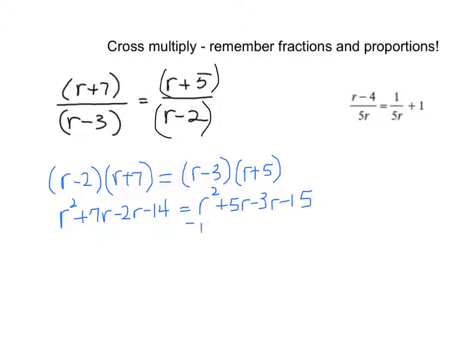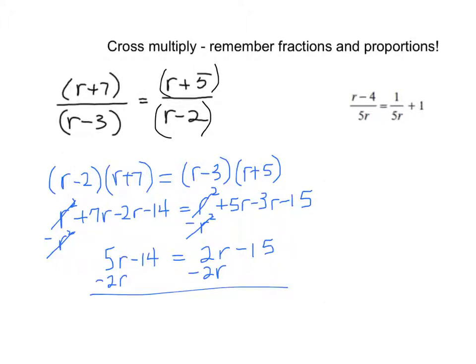You'll notice here that if you subtract r squared from both sides, the r squareds go away, and I'm left with 5r minus 14 on this side and 2r minus 15 on this side. Subtract, and I have 3r, then add the 14, equals negative 1. So r is negative 1/3, and that's your answer.